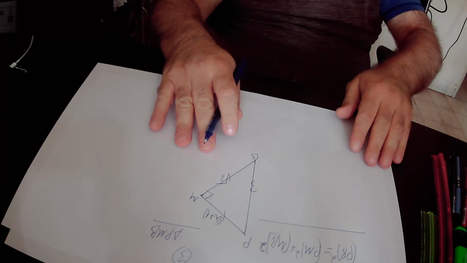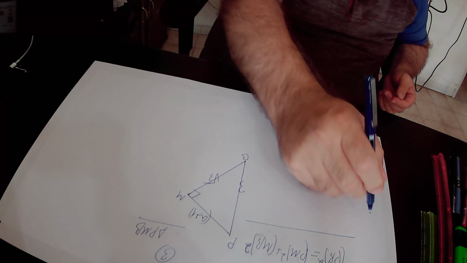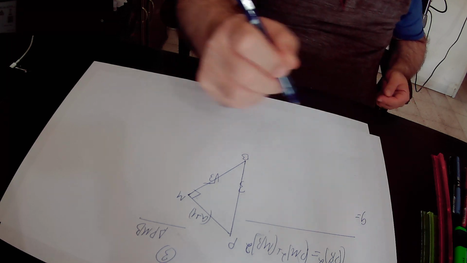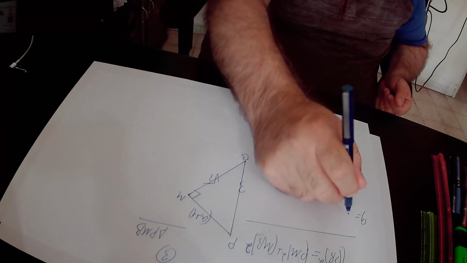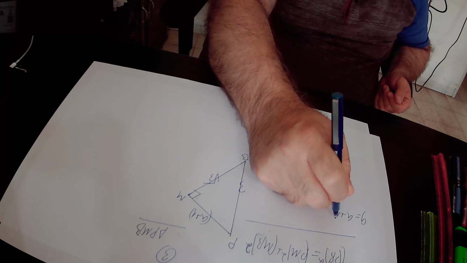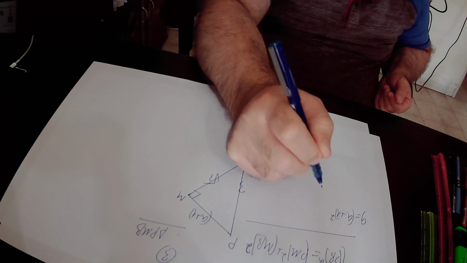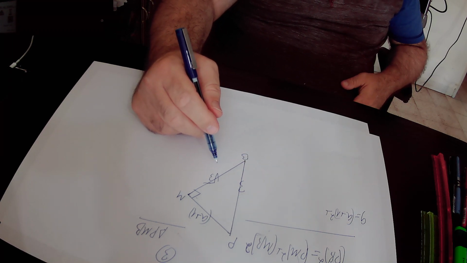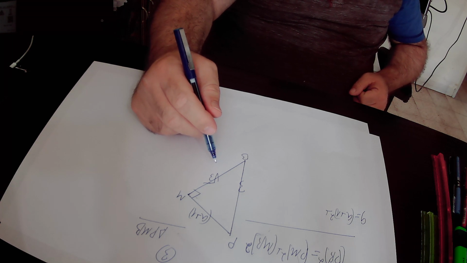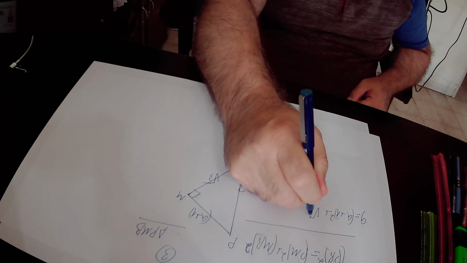PB equals 3 units, therefore PB squared is 3 squared, that is 9, and it is equal to PM squared. PM equals A plus 1, therefore PM squared is (A plus 1) squared, plus MB squared. MB equals the square root of 3 units, therefore MB squared equals the square root of 3 squared.